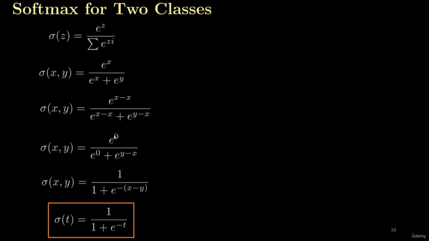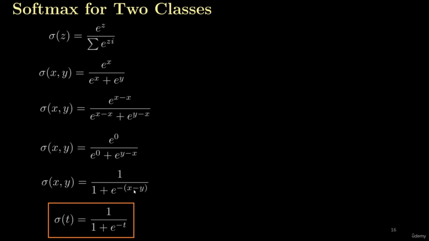Anything raised to the power 0 is 1. So in the numerator we will get 1, and in the first term of the denominator we will also get 1. And here we have the exponent raised to y minus x. If I take the minus common here, it will become minus of x minus y.